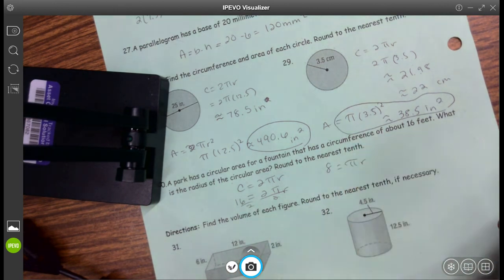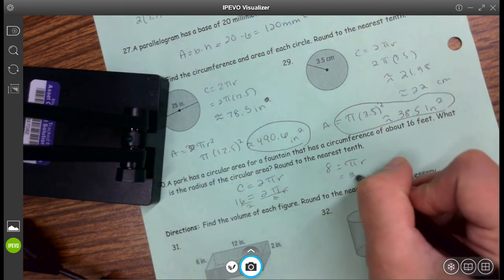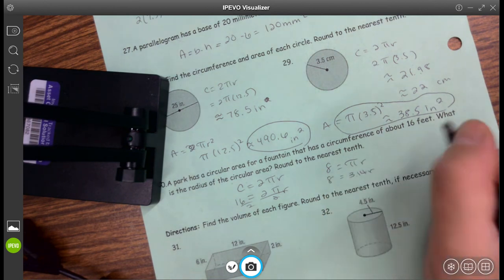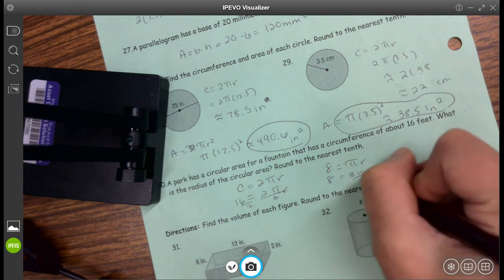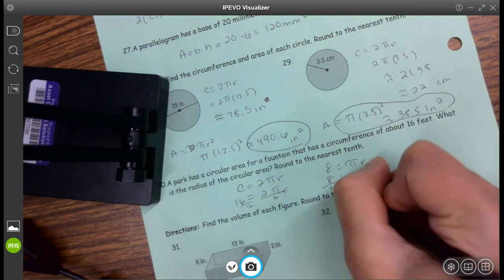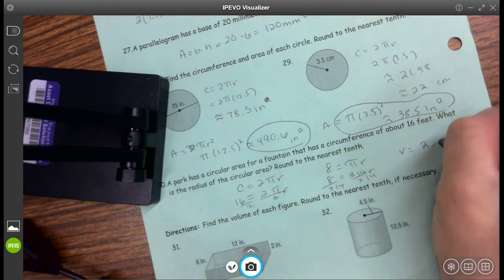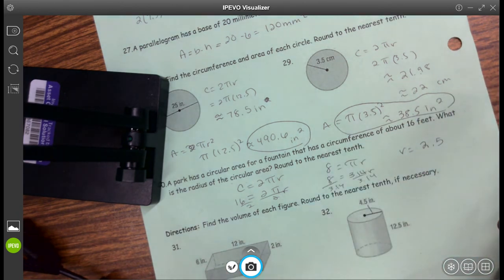It's hard because pi doesn't look like a number, but it is. So now let's divide by 3.14 on both sides. Radius equals 2.5, because this says nearest tenth, feet.